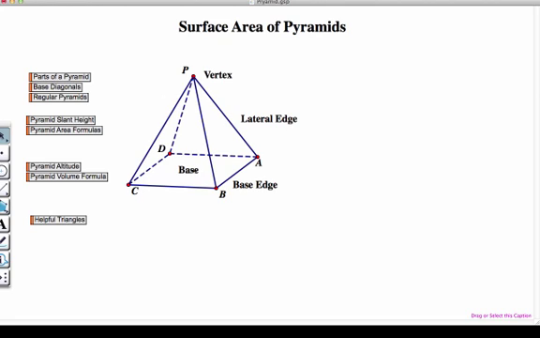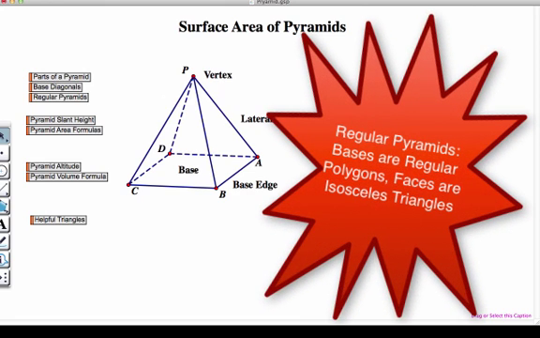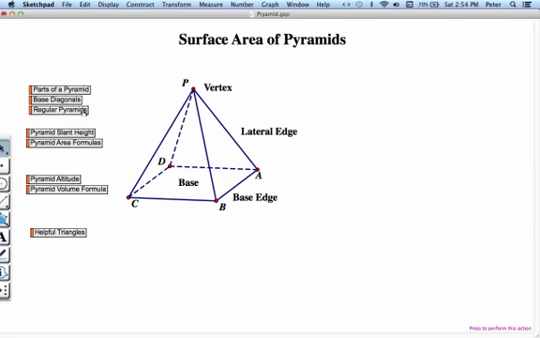Most of the pyramids that we deal with in this book will be regular pyramids, but not all. So it's very important that you confirm that before moving on in some of the problems that we'll be doing in the exercises.